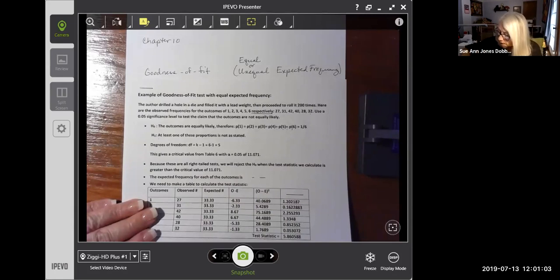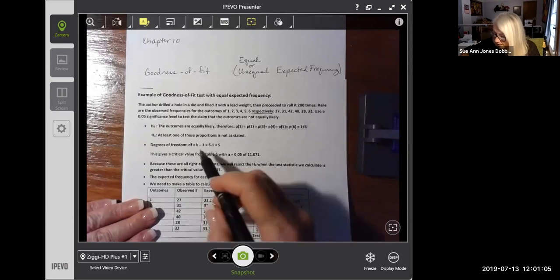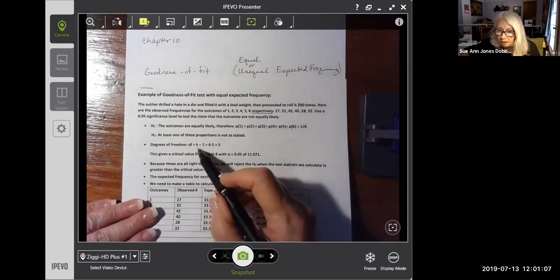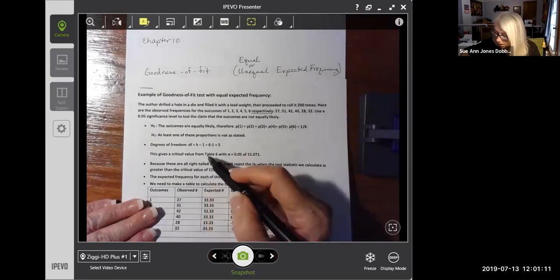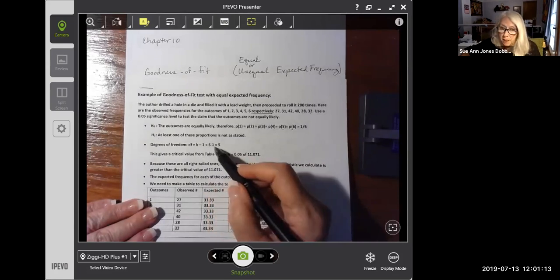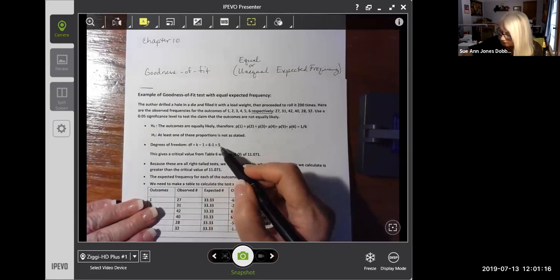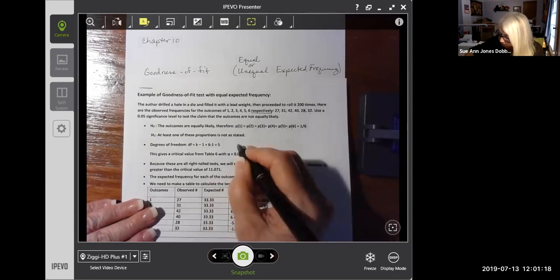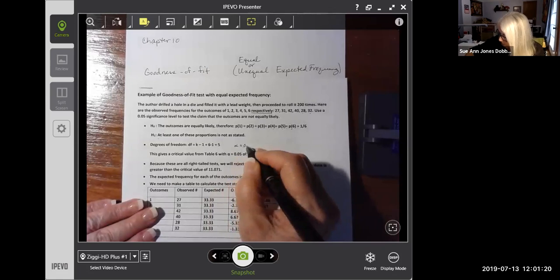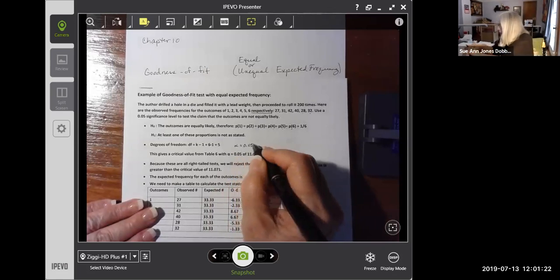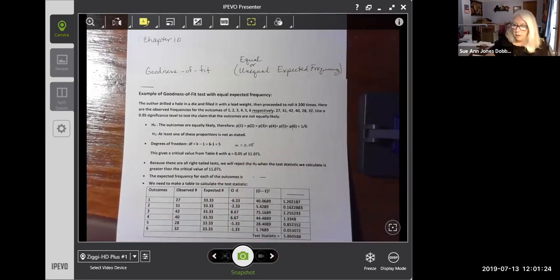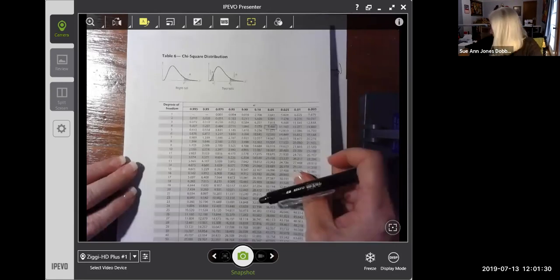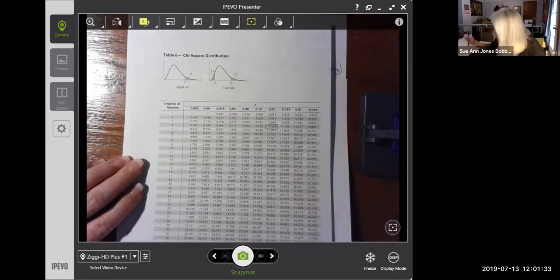But the degrees of freedom is the number of different possible outcomes, that's K, minus 1. So there are 6 possible outcomes, minus 1 is 5. So the degrees of freedom are 5. And we have an alpha significance level of 0.05. So if I go to the chi-square table, which is table 6, it looks like this. I want to be on the line for 5 degrees of freedom.